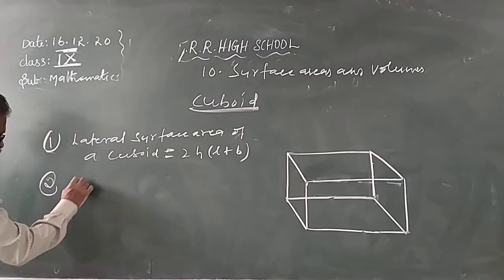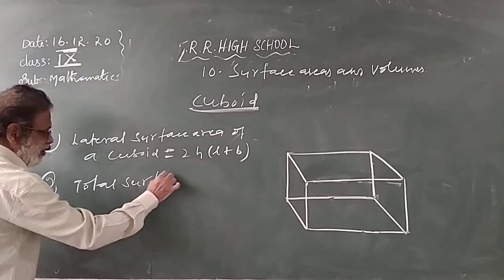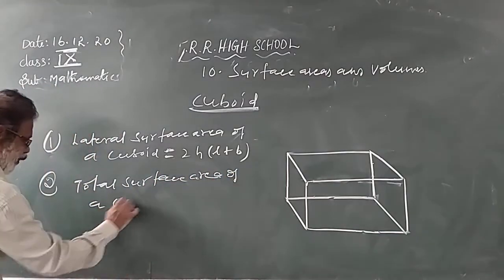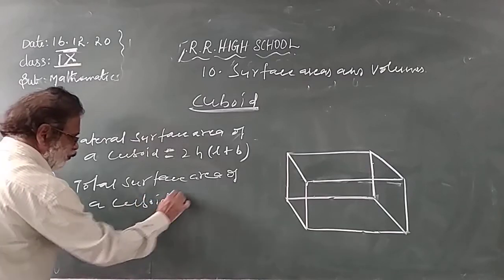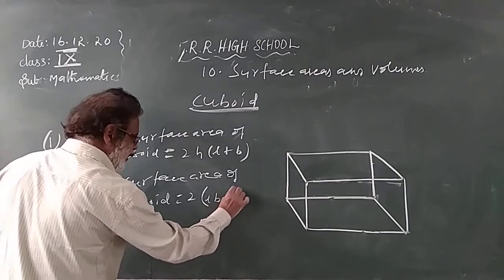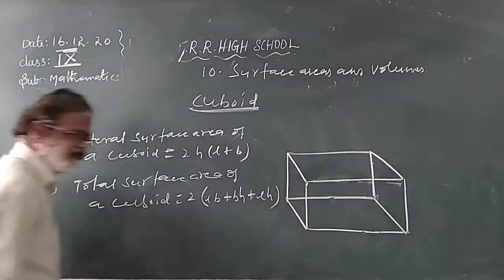Next, total surface area. The total surface area of a cuboid is equal to 2 into (LB plus BH plus LH). This is the total surface area.